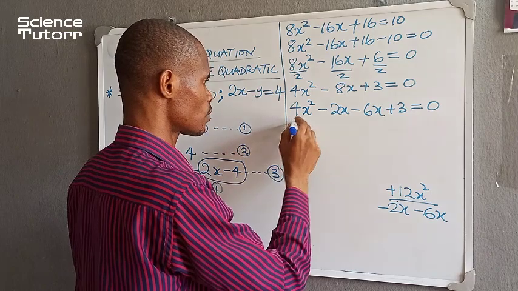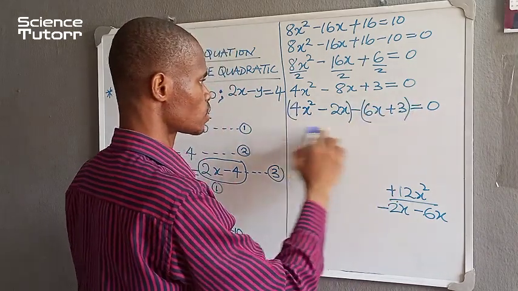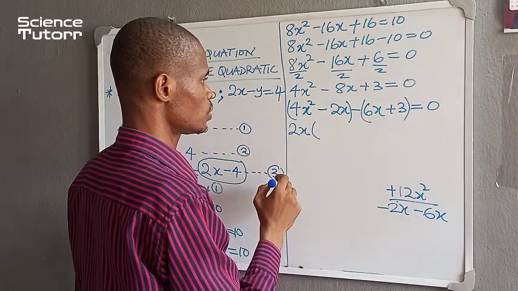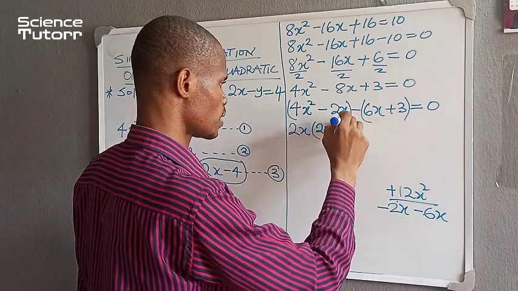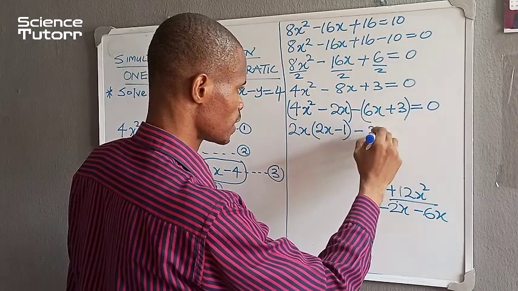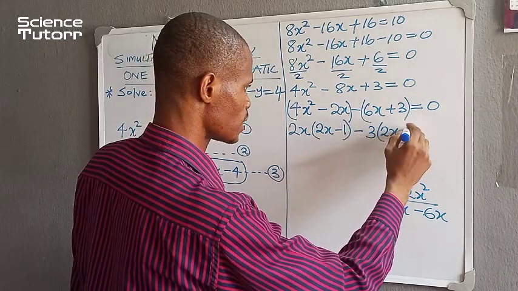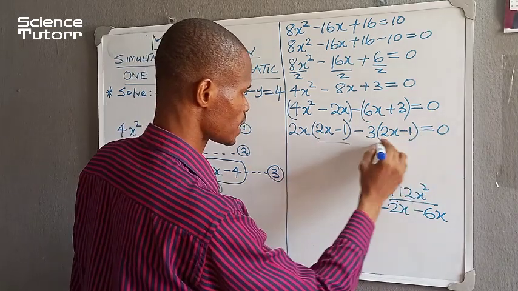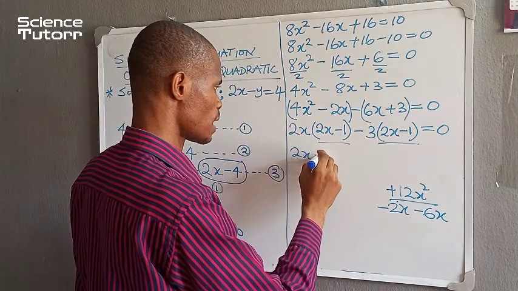So that makes grouping both terms 2 by 2, we collect like terms here. We have 2x out. We are left with 2x minus 1. Then 3 is the common factor. We are left with 2x minus 1. You can see both are the same, so we pick 1.